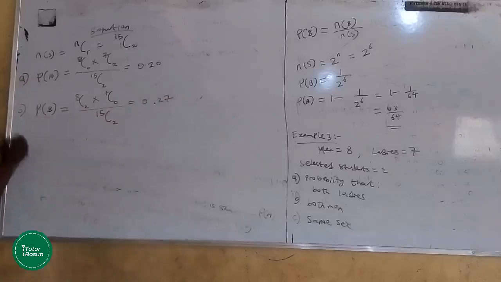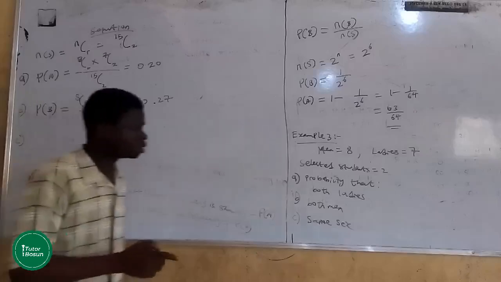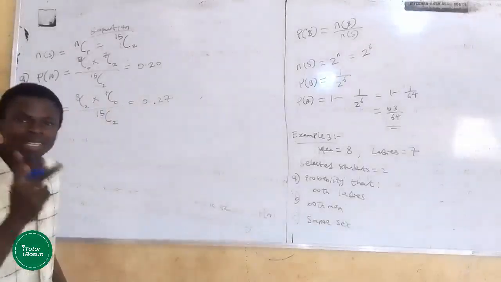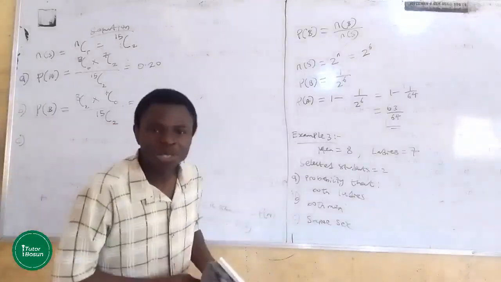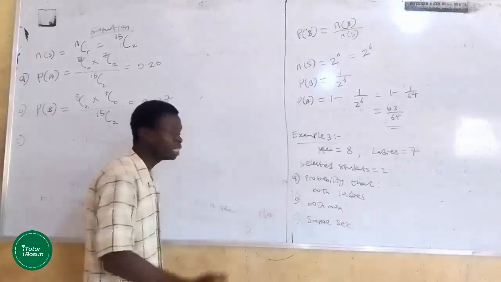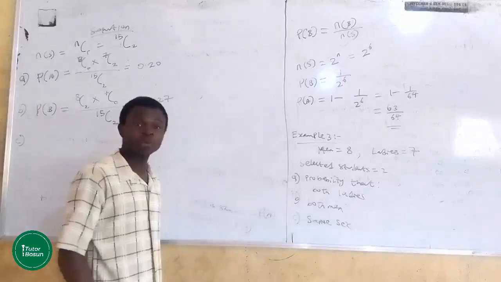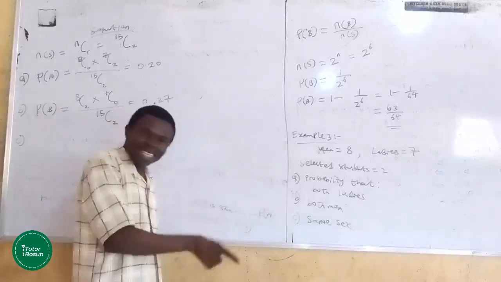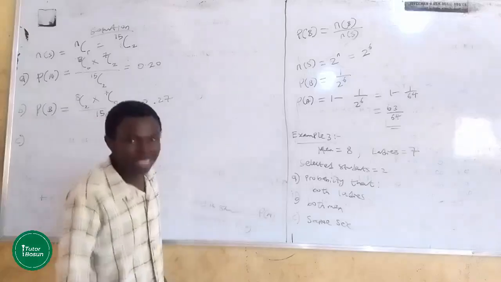So C says same sex. If you say same sex, it can occur in this situation. They don't tell us whether they are both ladies or both men, but they must be of the same sex. So two scenarios can happen. It's either they are both ladies or they are both men.